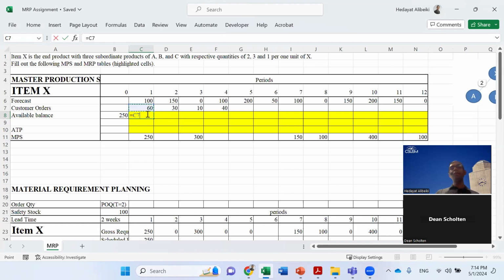Available balance is always equal to total supply, which includes what we have at the beginning of the period, plus what we're going to get during the period, minus everything that is going to be consumed or expected to be consumed during the period. So whenever we have customer demand and forecast on the MPS, we want to take the maximum.